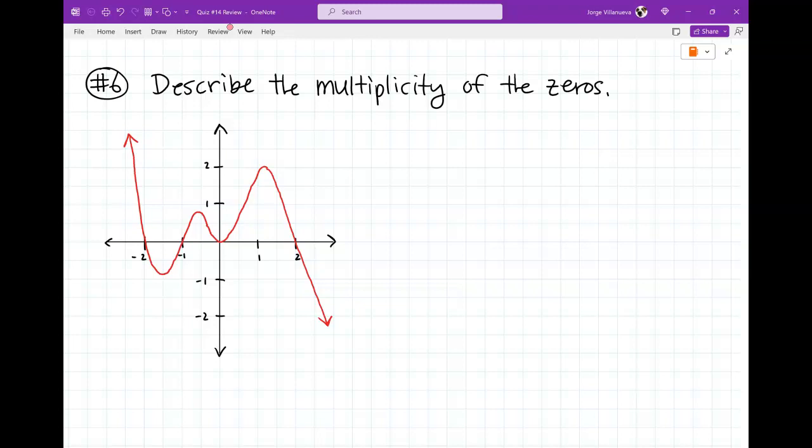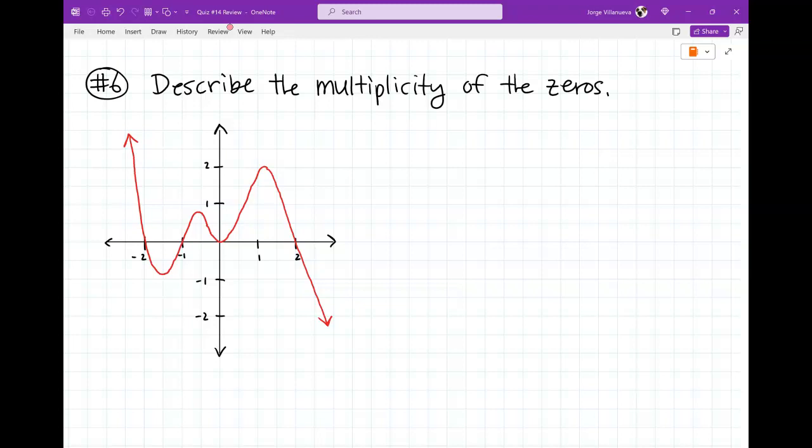So here we go. Describing the multiplicity of the zeros. I'm just giving you a picture here. Again, your picture doesn't have to match perfectly, but at least make sure that it's touching at -2, -1, 0, and at 2. The ups and downs can be as high or as low as you want. It's up to you.